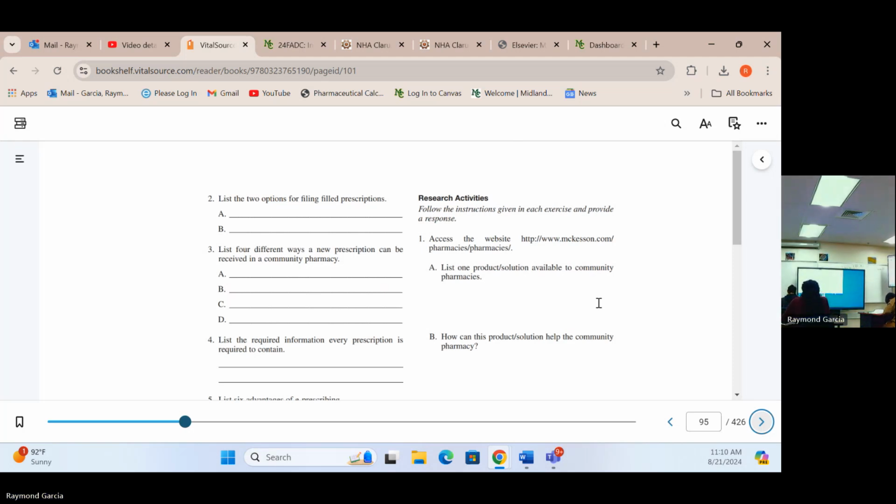Option 1, three separate files: a file for Schedule 2 controlled substances, a file for the other controlled substances, Schedules 3 through 5, and a file for non-controlled drugs.